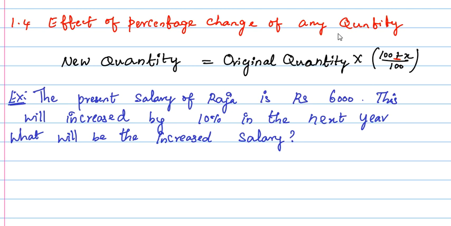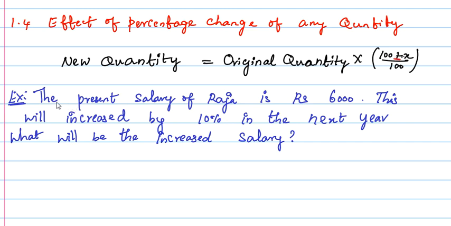By using this formula, you can find the new quantity for a percentage change of a given original quantity. Keep in mind, if you are reducing the original quantity by some percentage, you put minus x. If you increase it, you put plus. So this is the formula we will use.